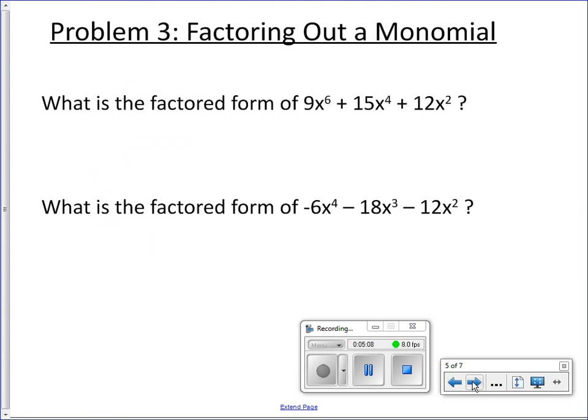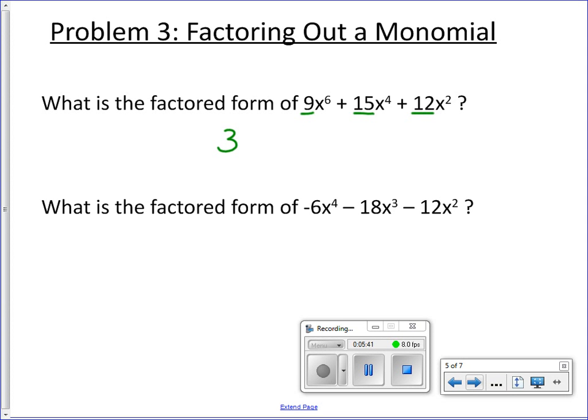What is the factored form of 9x to the 6th plus 15x to the 4th plus 12x squared? First, look at your coefficients. What is the largest number that is a factor of each of those three numbers? The answer is 3. 3 goes into 9 3 times, 3 goes into 15 5 times, and 3 goes into 12 4 times.